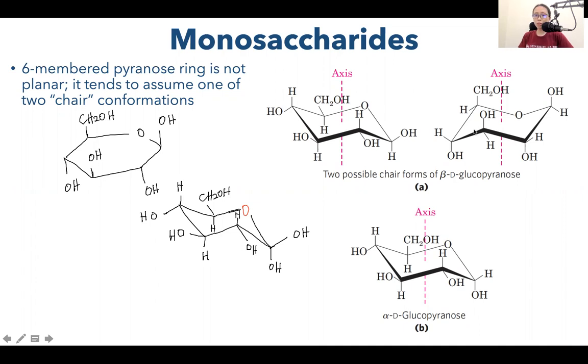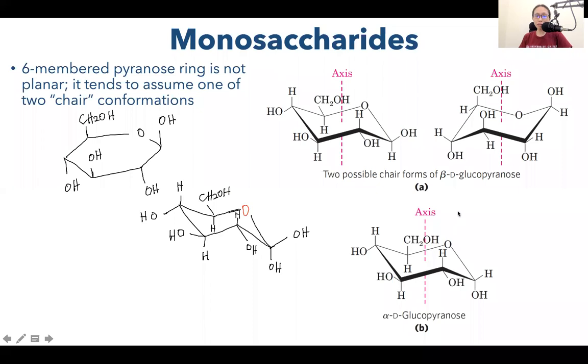The axial positions are not favorable for bulky substituents because they are nearer each other, and the chance for van der Waals repulsions increases. So we prefer your bulky substituents to be in equatorial positions. Hence, this one on the left side is the more stable chair conformation for your beta D-glucopyranose.